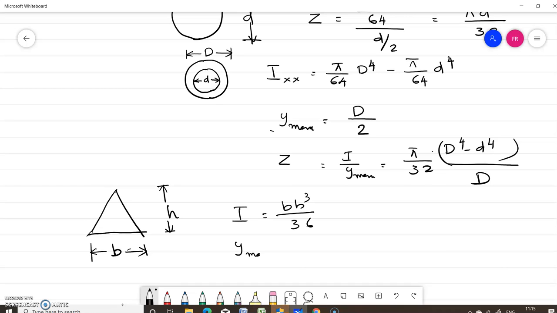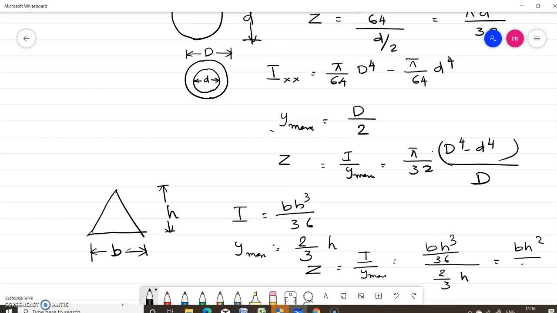Y max is equal to the distance of the neutral axis from the extreme fiber, 2 by 3 of h. So we can write Z is equal to I by y max, which is equal to b h cube by 36 divided by 2 by 3 of h, which is equal to b h square by 24. So this is the equation for section modulus for a triangular section. Okay, thank you.